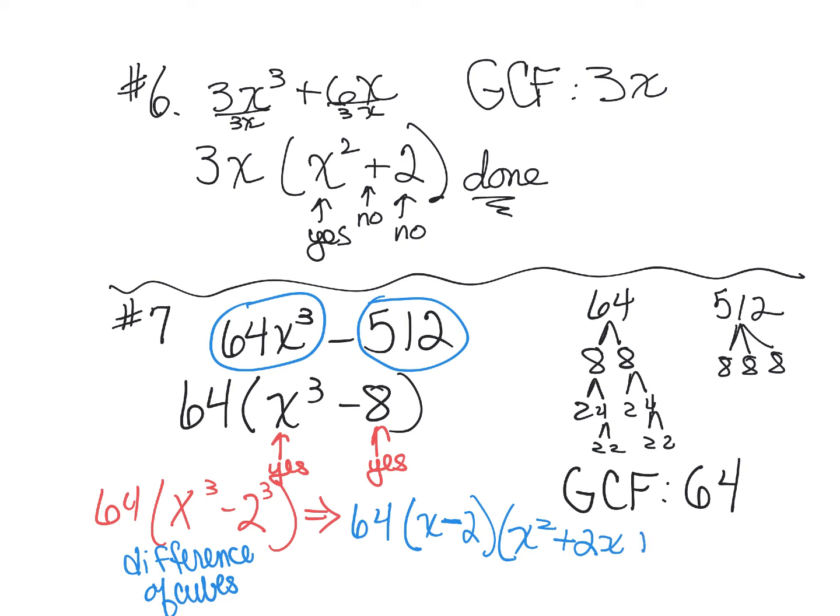And then this one is 2 squared. And you're done with number 7. So that was fun. The fact there was such a great big greatest common factor, isn't that interesting? That 64 came out of both. So don't forget him though when you're going to write your answer, right? He's a part of the game too.